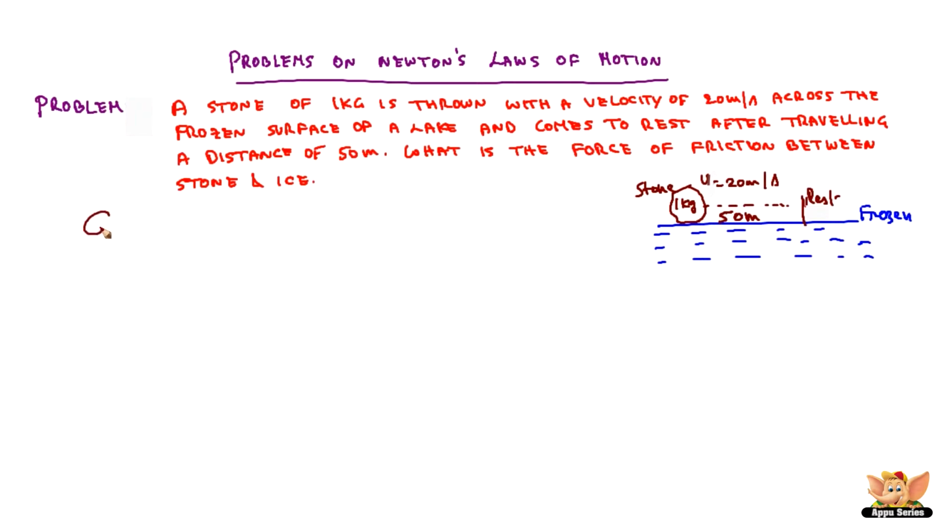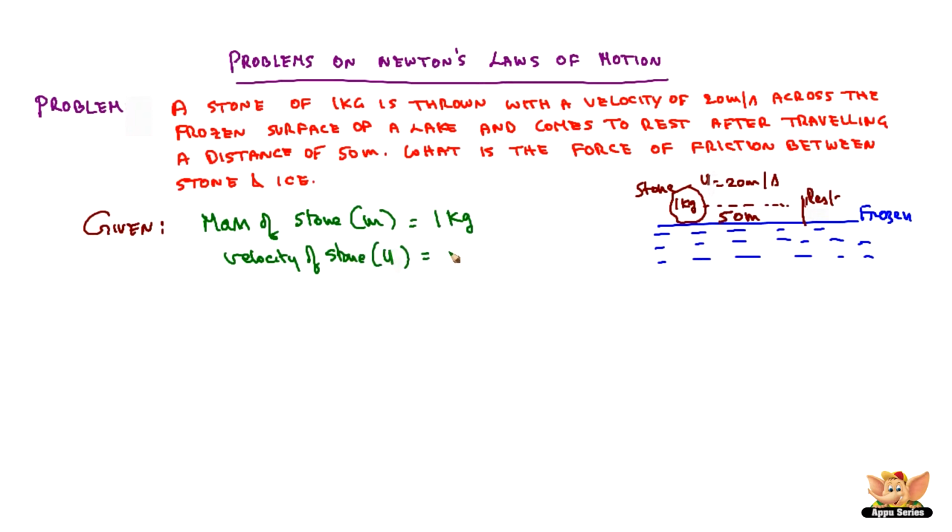So from this diagram and the problem, we have the given data: mass of stone m is equal to 1 kg, the velocity of stone is equal to 20 meter per second, and it stops after a distance of 50 meter.